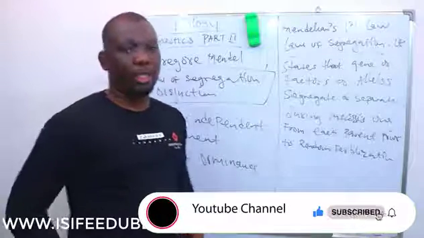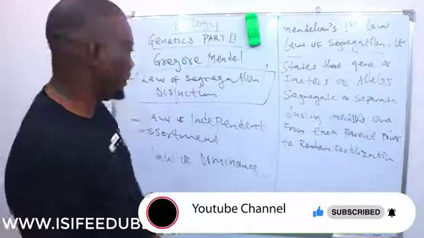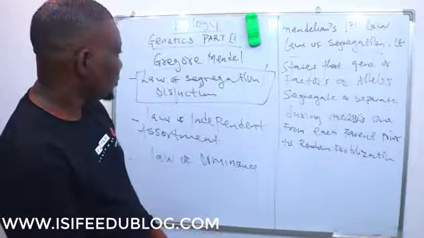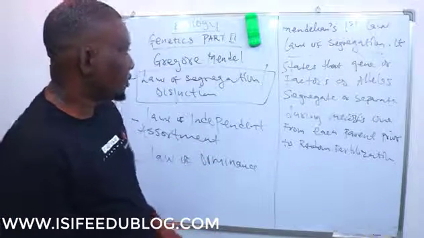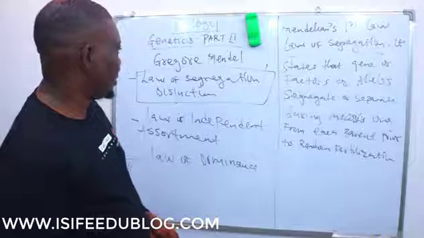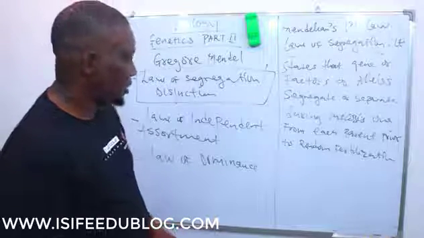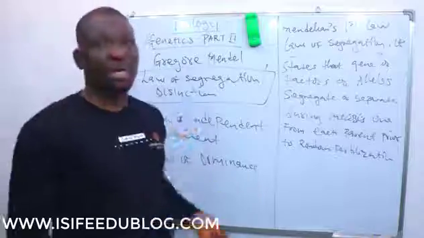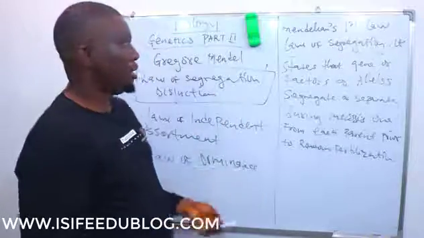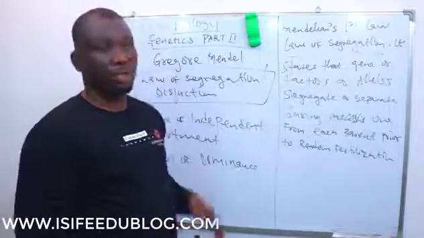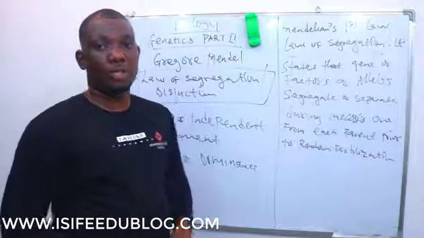This principle is very important. In fact, it is the most important aspect of genetics that cuts across all other principles. These 3 principles are also under the control of the law of segregation.